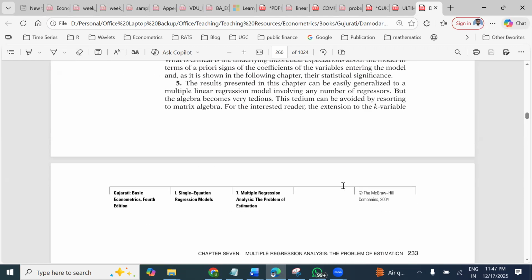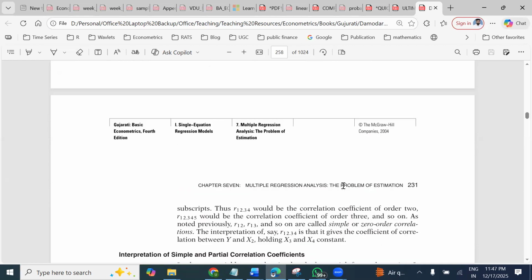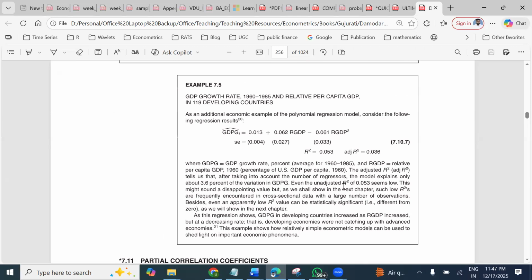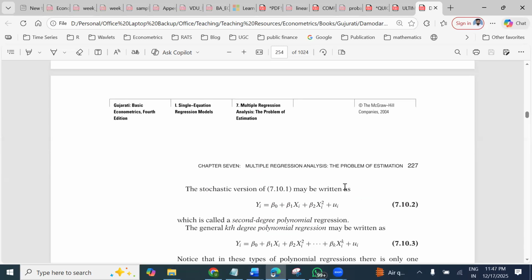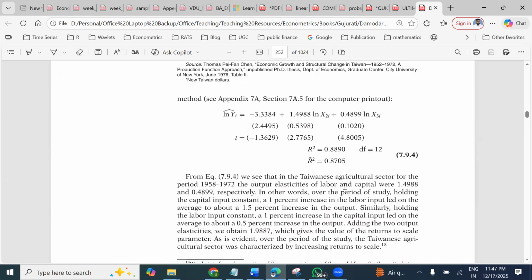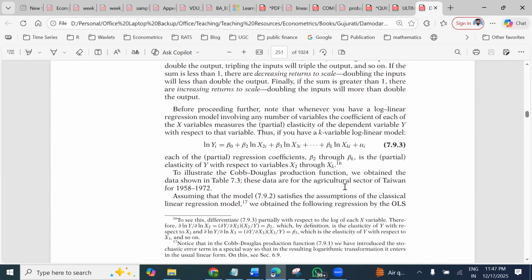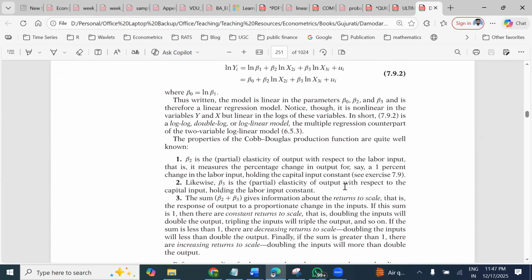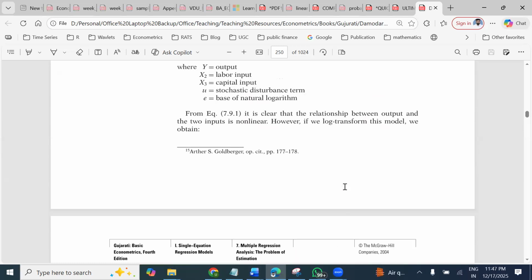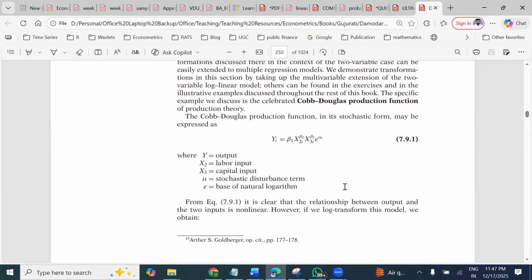So if we go here, let us see. This one. See what it is saying? If your regression model, so let us focus on this, okay? Because this question sometimes will come.